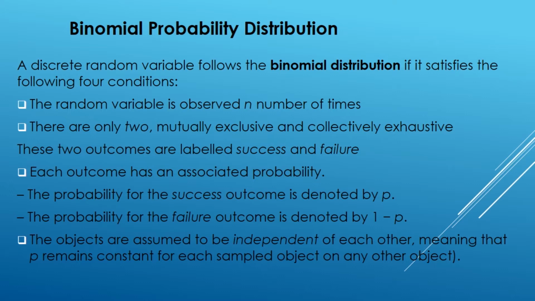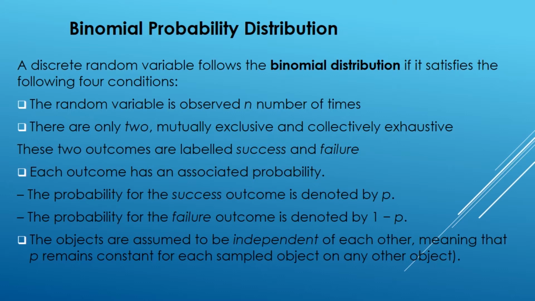So we can say the probability of success is denoted by P, and the probability of failure is denoted by 1 minus P. If I have a head of 50% or 0.5, the tail is calculated by 1 minus 0.5, which gives me 0.5 still. Just like if I say the probability that it will rain is my success, and it's 20%, the probability that it doesn't rain, which is the probability of failure, would be 1 minus 20%, which gives me 80%.